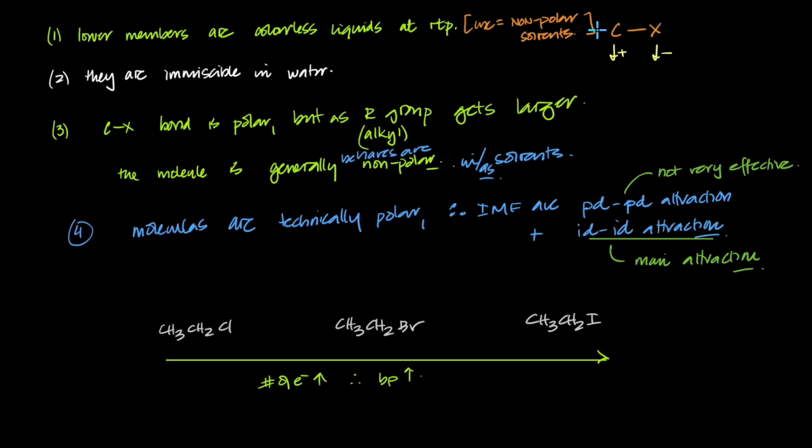You might have heard of CFCs. CFCs are actually halogenoalkanes, and they were a good solvent for aerosols, deodorants and other medical sprays, till we figured out that they cause a hole in the ozone layer. So we stopped using them in aerosols, but we still use them in other solvents. Okay.